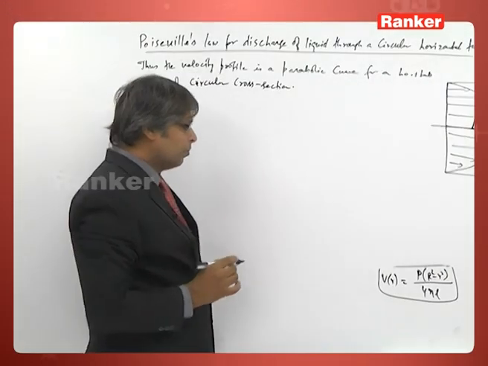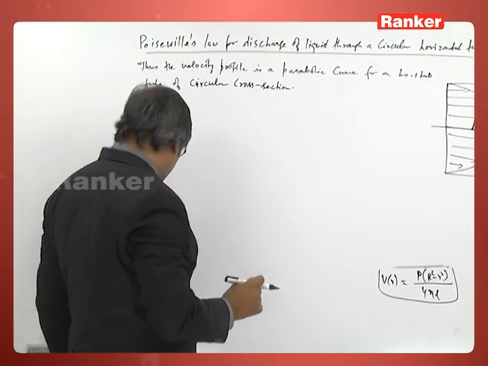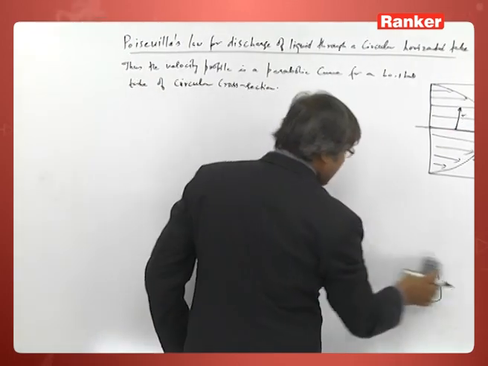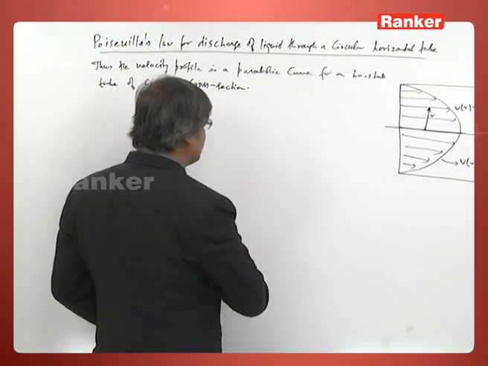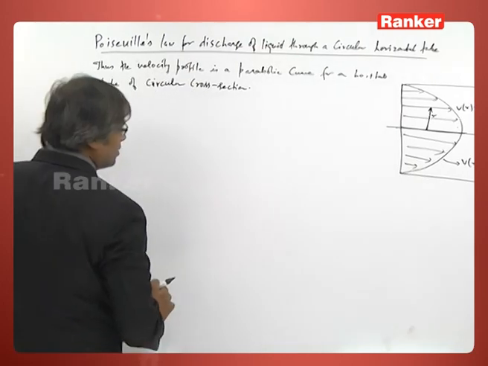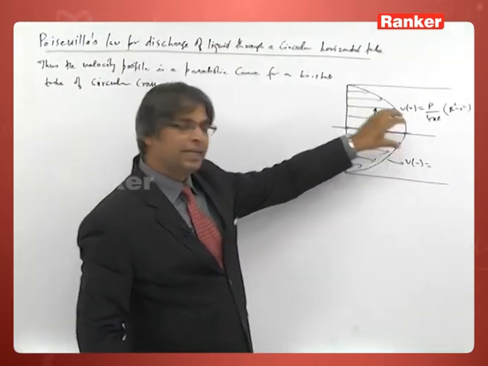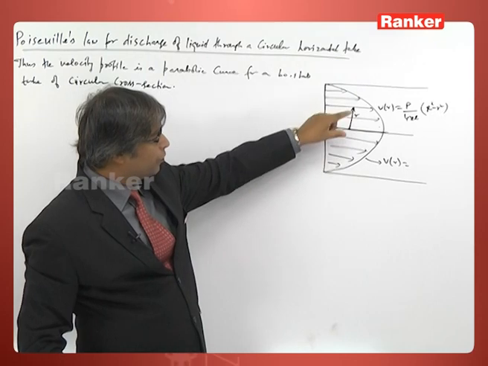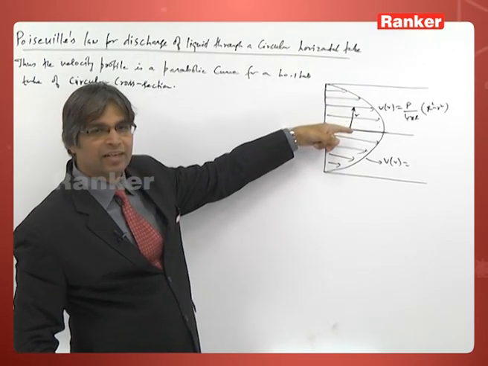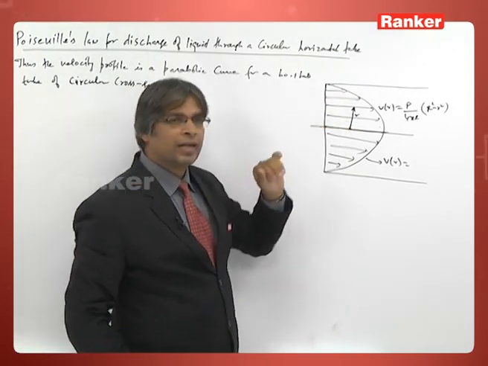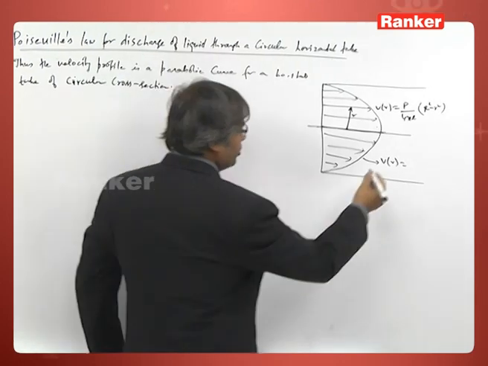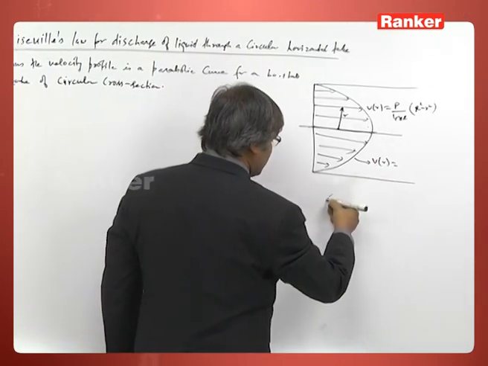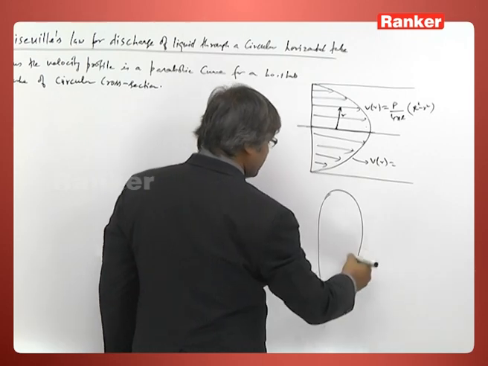So, now once I know this velocity profile, then I can calculate the total discharge. Since the velocity at different layers is different, we have to find the discharge in a cylindrical region and then we have to completely integrate it. So, you see this outer one I am just drawing.